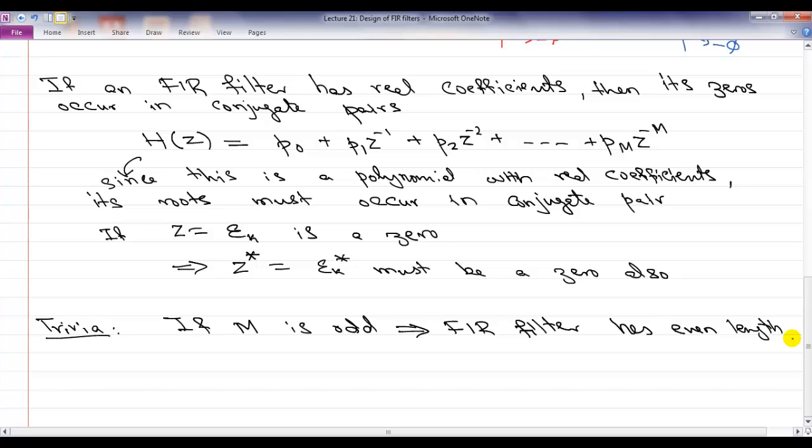So if you have a polynomial of degree M, then how many roots does that polynomial have? If M is the degree of the polynomial, then we have M roots, which means we have M zeros.